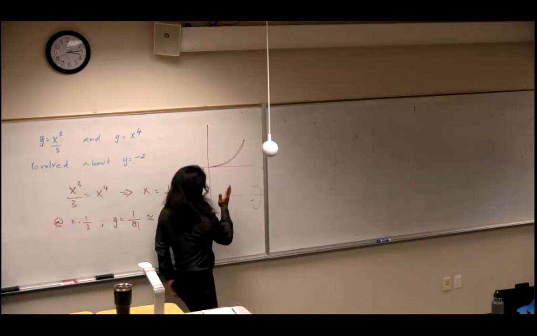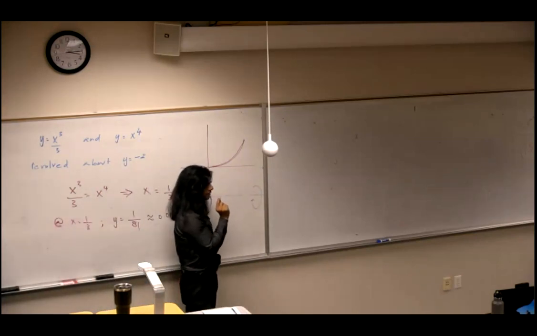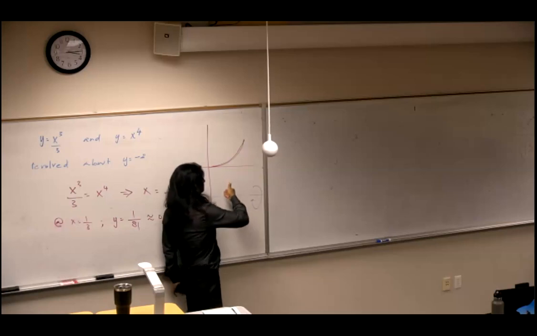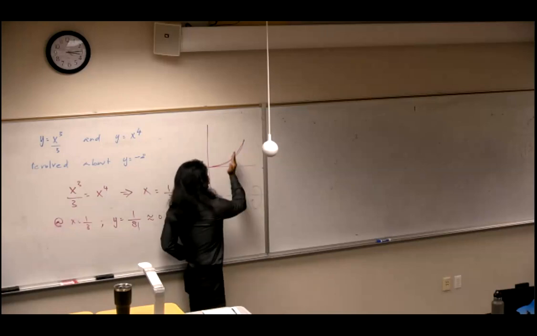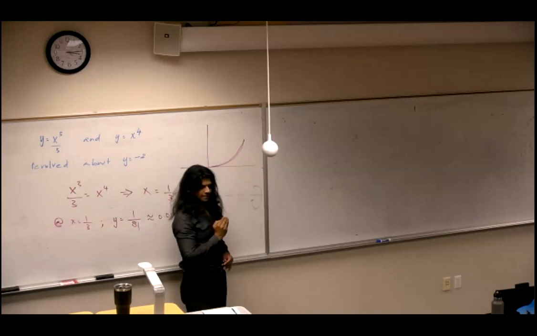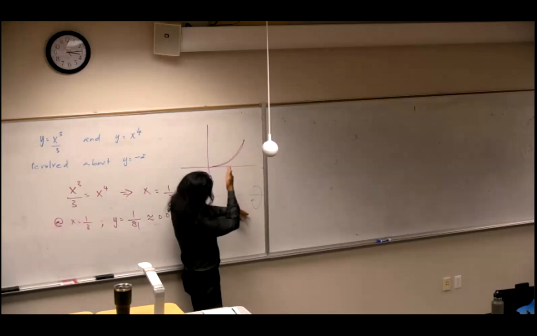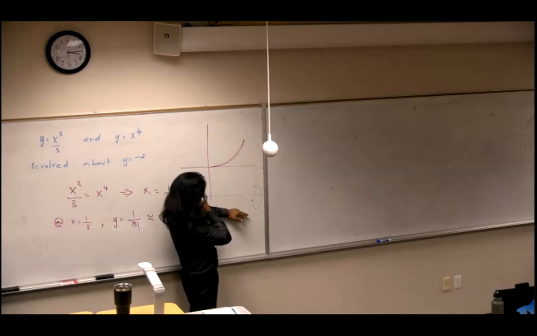Why? Well, you do the same thing like we would do with the x-axis. If you are revolving about the x-axis, we simply put the strip vertically. Here, it is with respect to y equals -2, which is an axis parallel to the x-axis, correct? So here, we will put a strip that way, good?